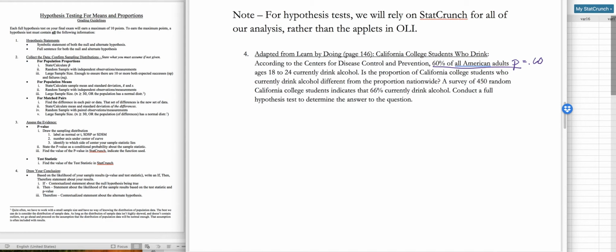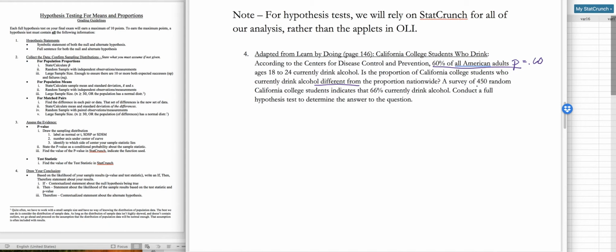And in particular, that we're looking just, is the proportion different, is going to lead us through setting up our null and our alternate hypotheses. Let's just continue reading to see what's going on in our sample.